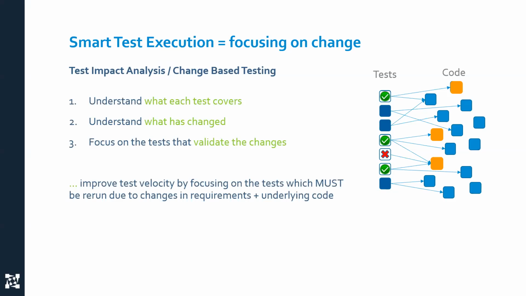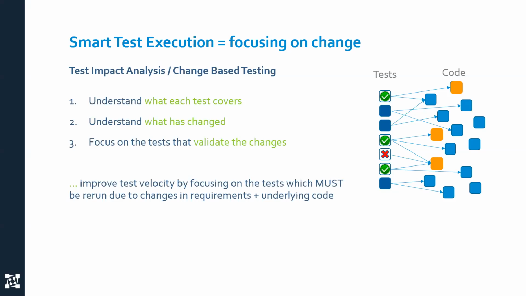This improves your overall velocity because as you're working through the development process in the day, you want to get quick feedback from your CI/CD pipeline. Then either overnight or as you get towards the end of your sprint, you're able to execute the more comprehensive test suite, but leveraging test impact analysis is going to focus your testing efforts and focus the feedback.